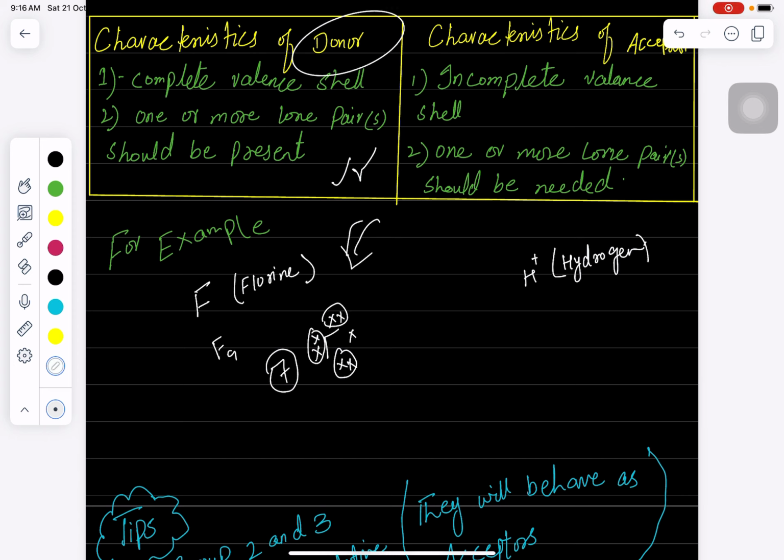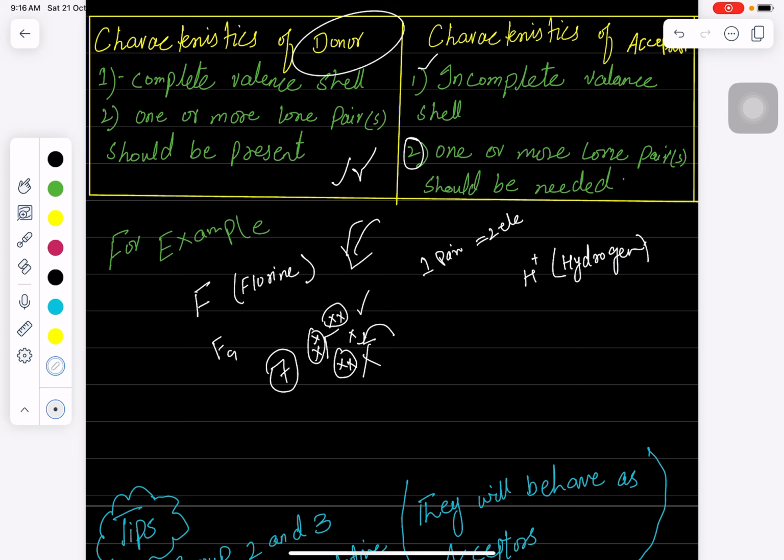A donor should have a complete valence shell. As you can see, it does not have a complete shell, that's why it can't be a donor. Now moving towards acceptor. Can it be an acceptor? Incomplete valence shell, this criterion is fulfilled, but number two, one or more lone pairs should be needed. In one pair there are two electrons, but it needs only one electron to complete its valence shell. That's why it can't be an acceptor.